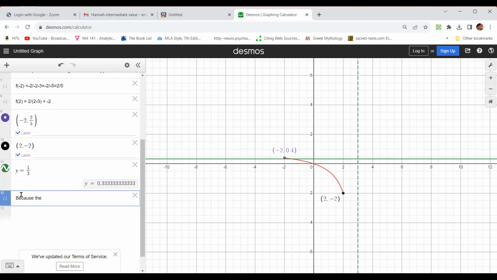Because the function is continuous on the interval, and a sign change occurs such that, and I'm just stating the facts here, f of -2, that was 2/5, is greater than 1/3. And f of +2 is less than 1/3.